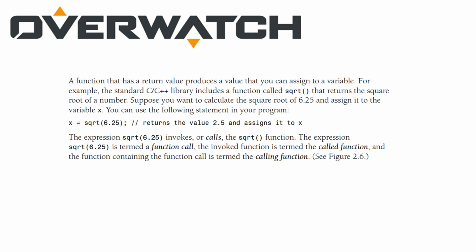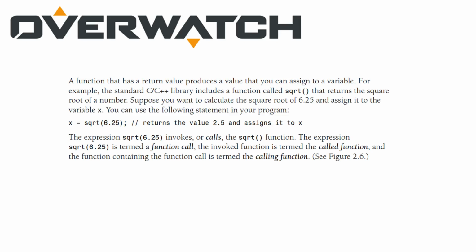The expression, the square root of 6.25, the whole thing, the parentheses and the number inside of it, is a function call. Meaning that that line right there is making a function call. It's calling out to that function. The function itself that you're calling, it's kind of weird, it's the called function. It's the actual called function that you invoked.